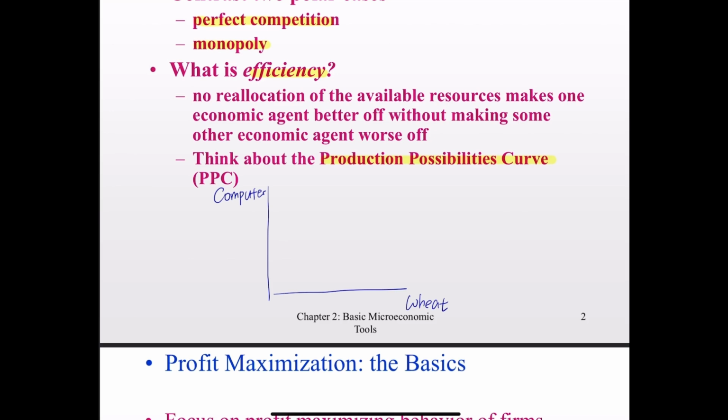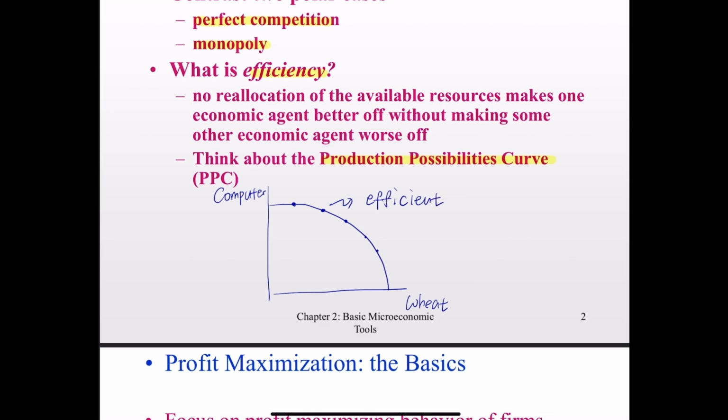The curve bows outward here, showing the trade-off between the two goods. Any point on this curve represents efficient production. For example, some points on this curve, here is efficient production.